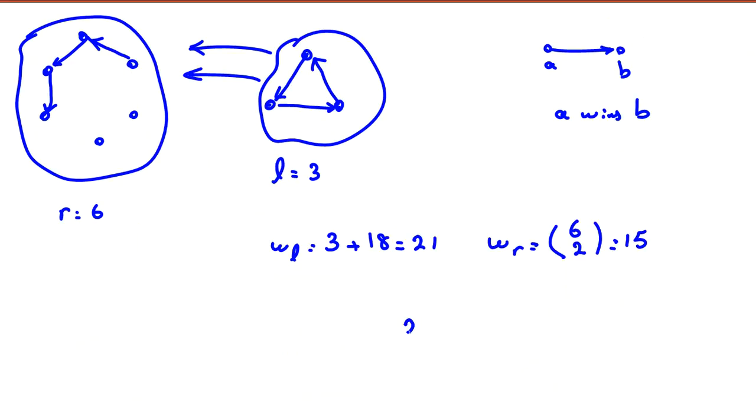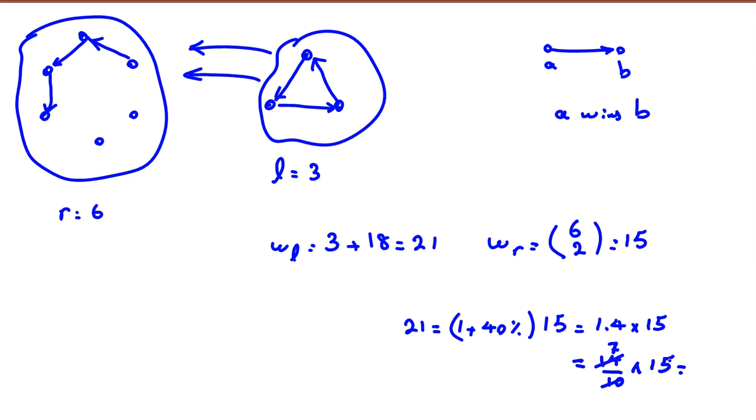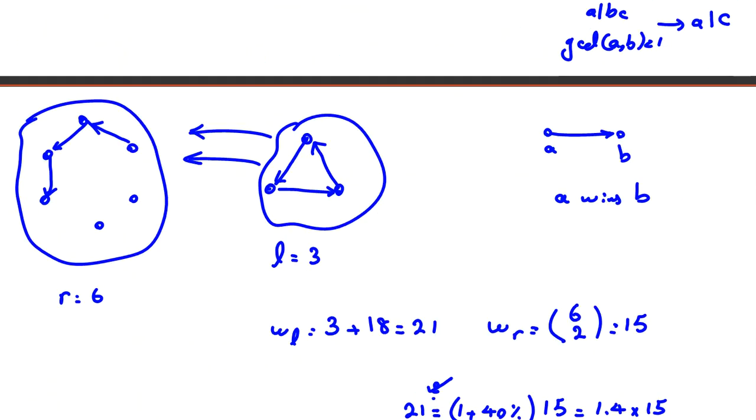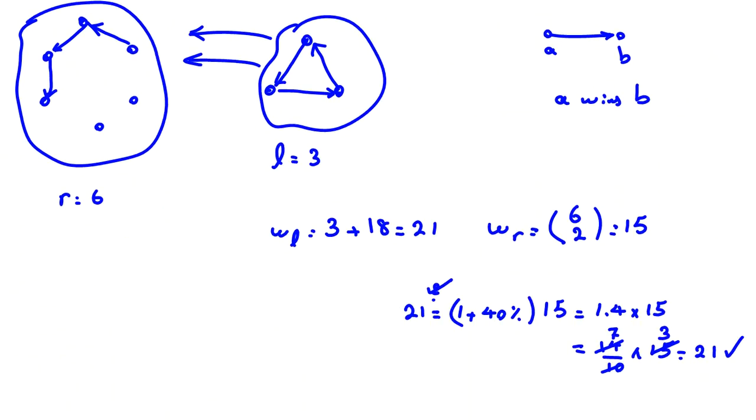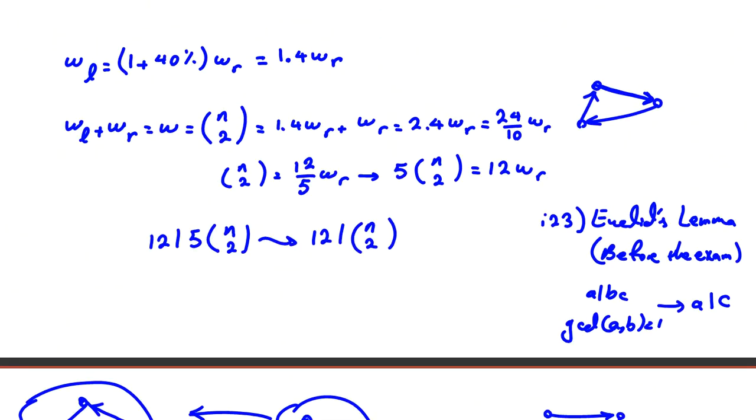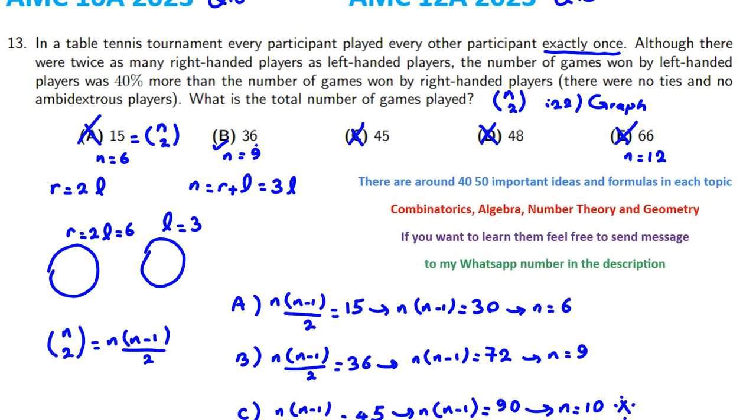Now I want to check that 21 is 1 plus 40% times 15. 1.4 times 15 is 14 over 10 times 15. We cancel 2 and 5, and get 7 times 3, 21. It's correct, this example works. You don't need to find this example here, but in a full solution exam you have to find an example. Maybe we also have some other answers except 36, but among the choices, only 36 is possible.